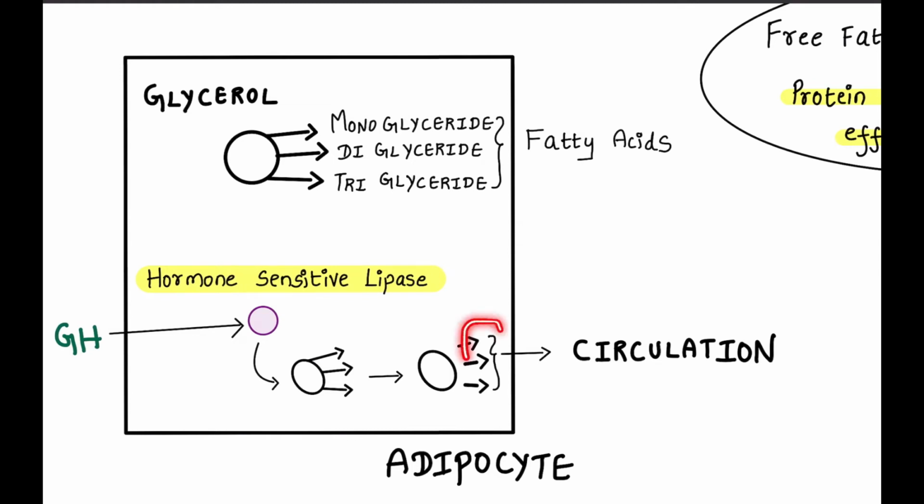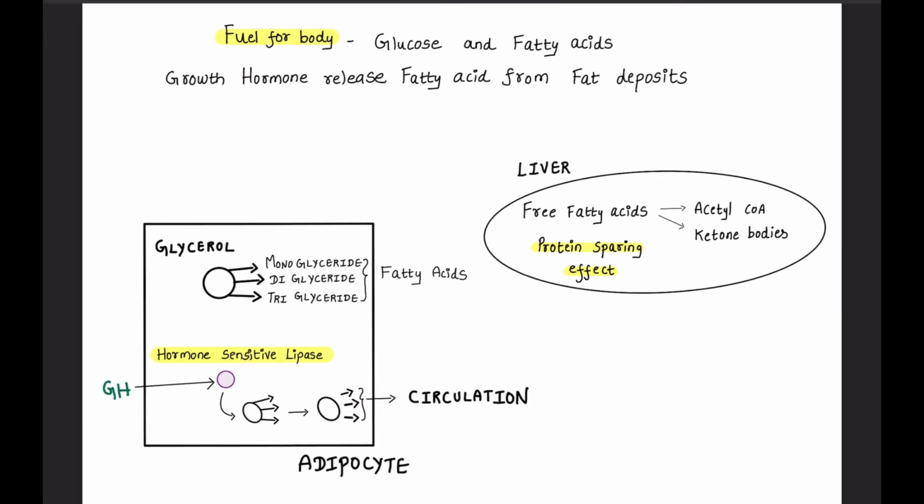Fatty acids means the fat. Now the fat is separated from the adipocyte tissue cell and goes into the circulation. In liver, you know that the free fatty acids, these are the free fatty acids.